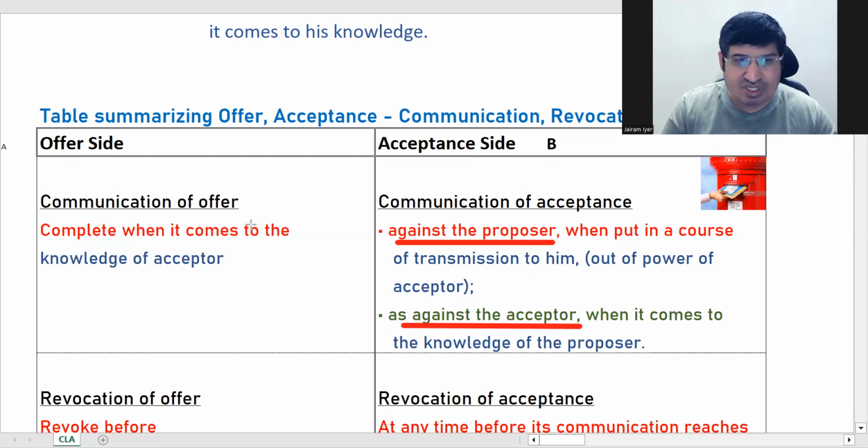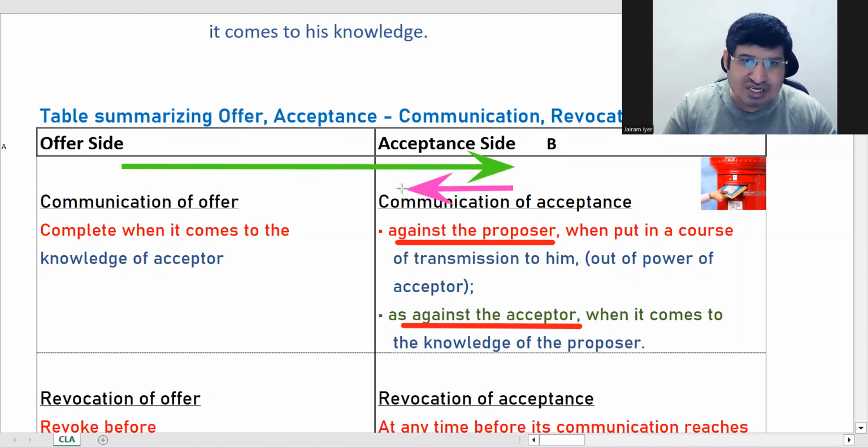So against the proposer, earlier I told you, say this is the proposer. He has given the offer. Then this acceptor, let me show it with pink color, has said okay and he has posted it. Let us say this line where I'm ending it is the post line. This is the line where he has posted it, so it's out of his power now.